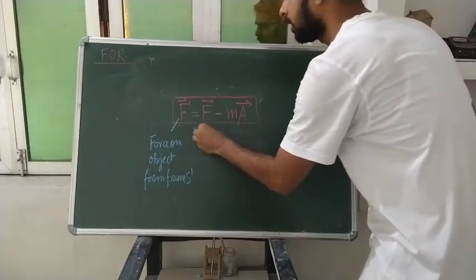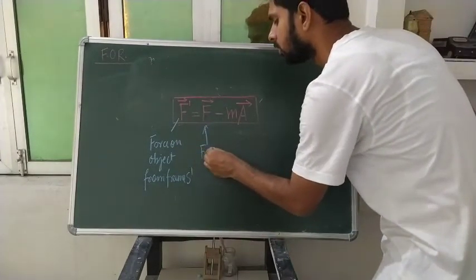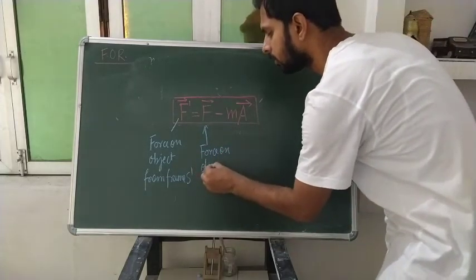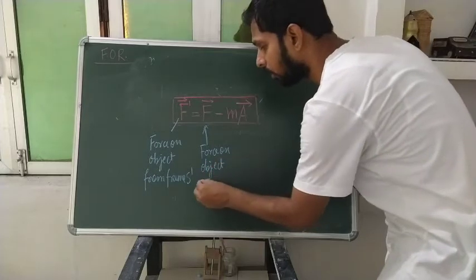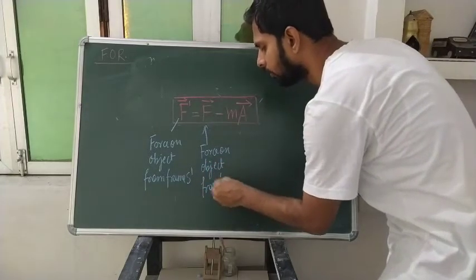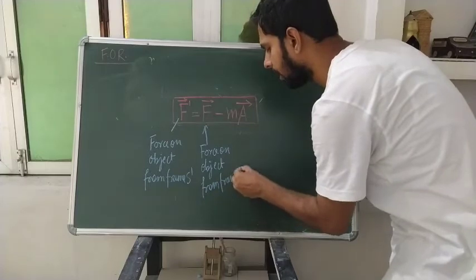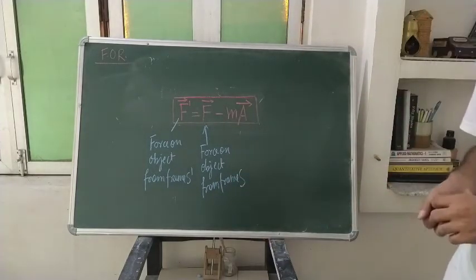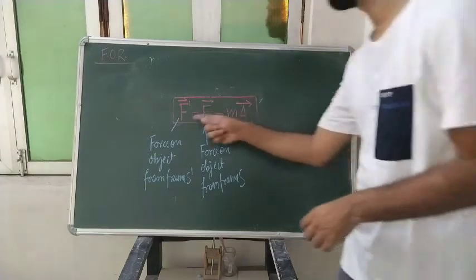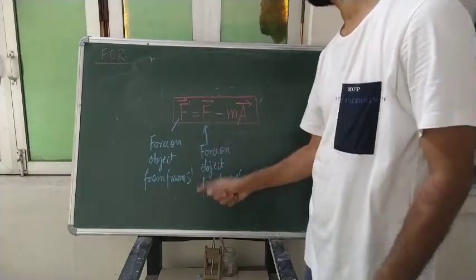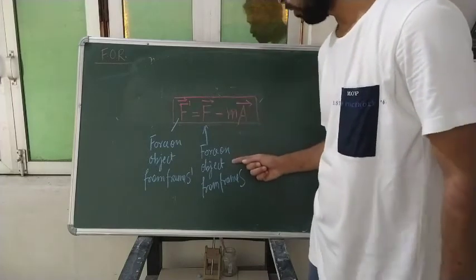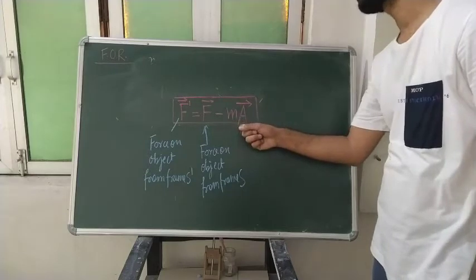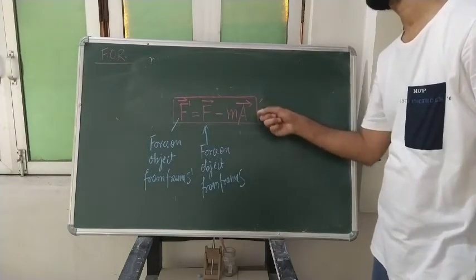It is representing that force on object from frame S. And what is it? This is the force from the frame S prime. This is the force from frame S. And what this m times that capital A vector is coming.